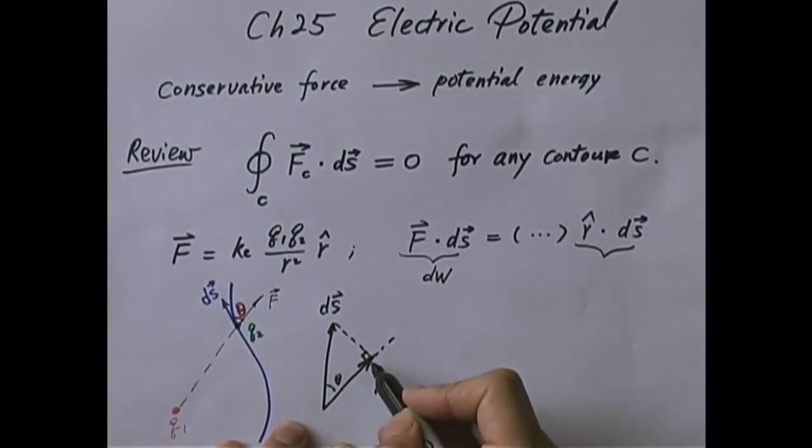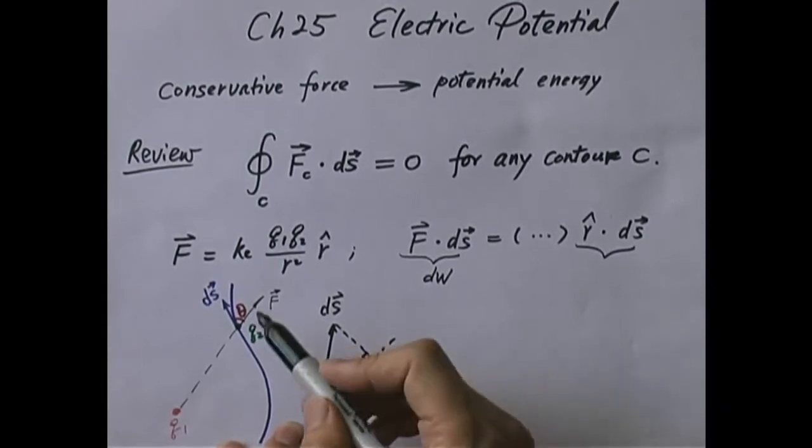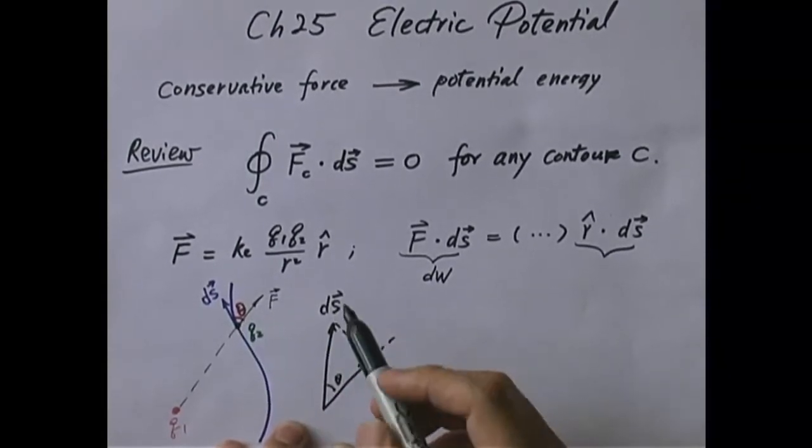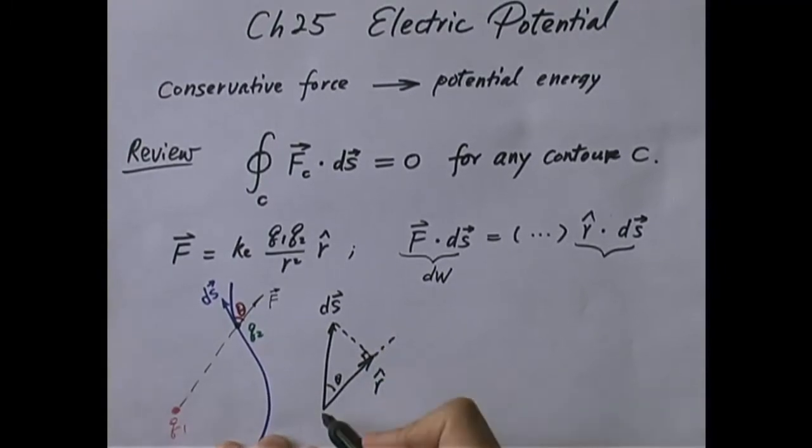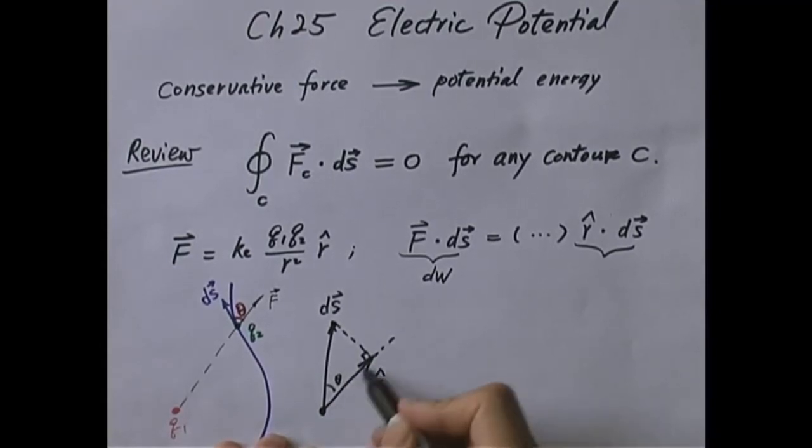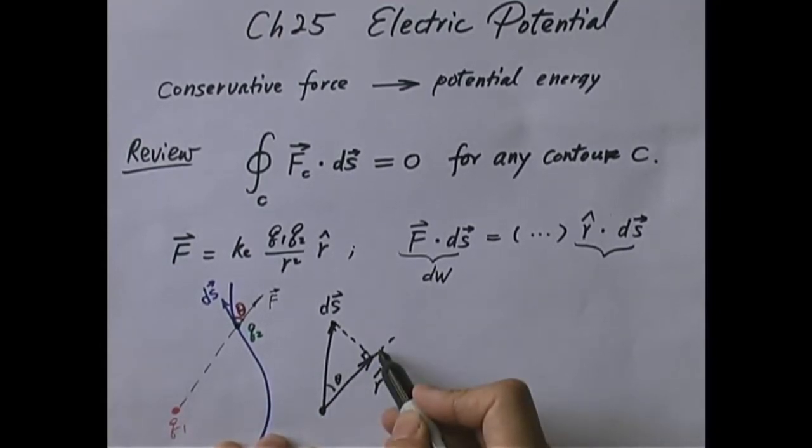But wait a minute, what is that? That really is the change in the radial position of this charge q2 from here to there. It has a displacement when it went from here to there, but along the radial direction, how far did it move?